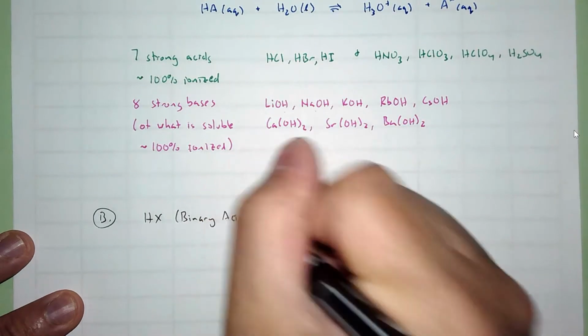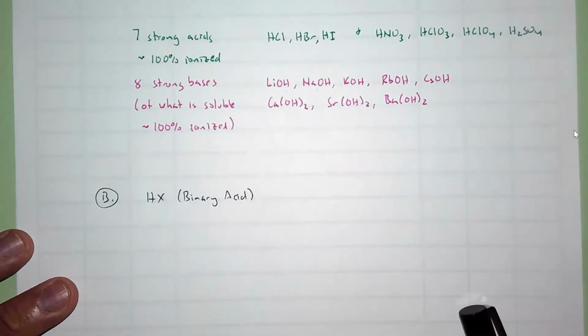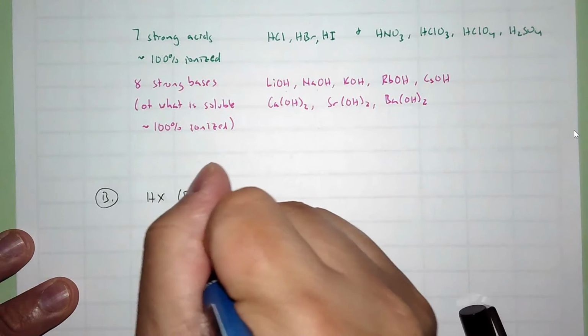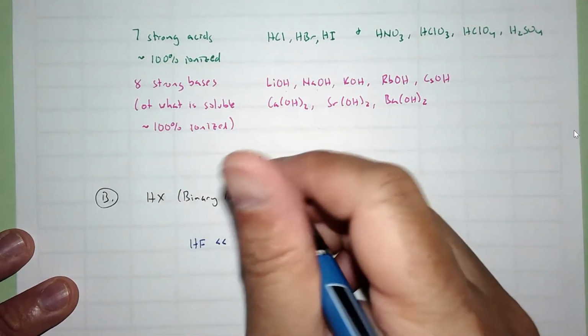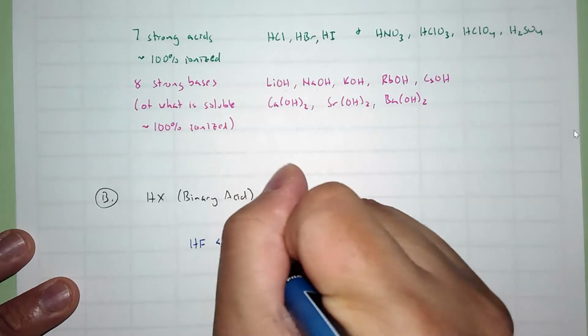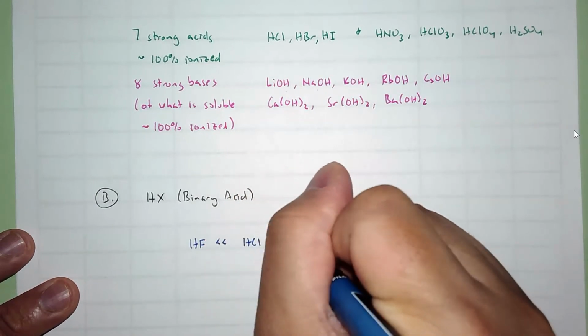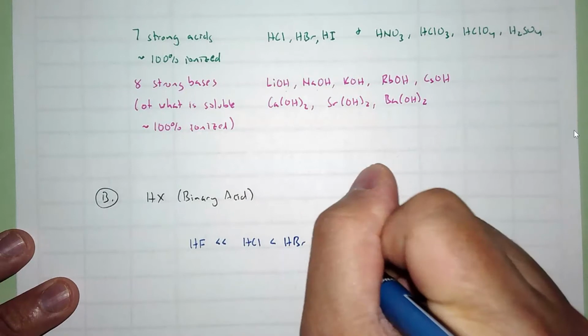The trend is HF is much less acidic than HCl, HBr, and HI.